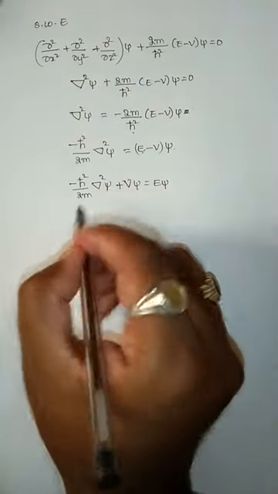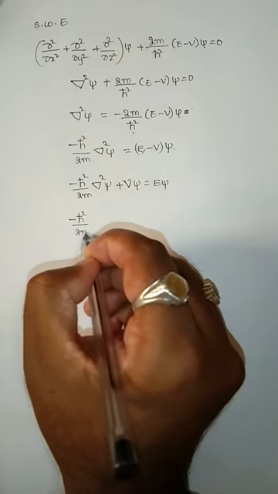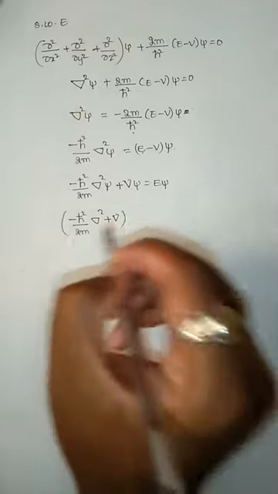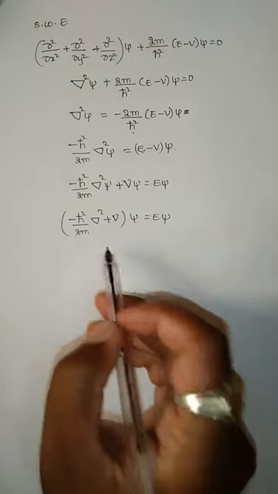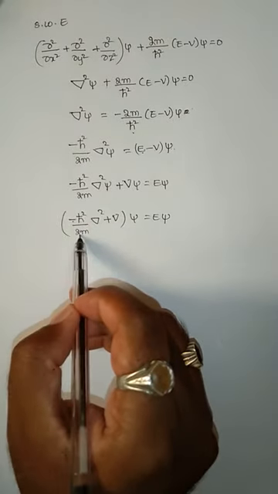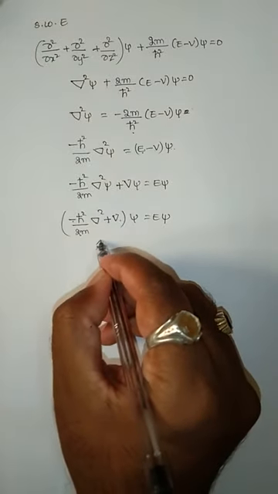Now here we have ψ common. So [−(ħ²/2m)∇² + V]ψ = Eψ. And in the last concept we said that −(ħ²/2m)∇² + V is nothing but the Hamiltonian.